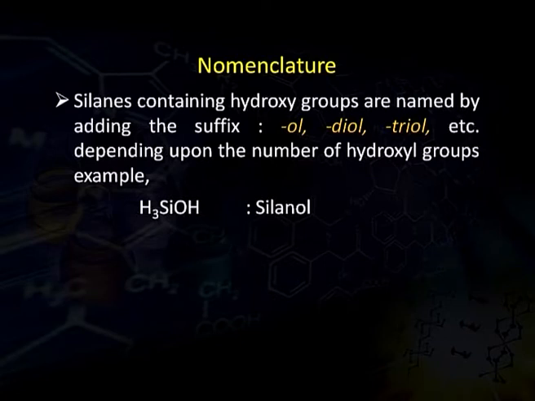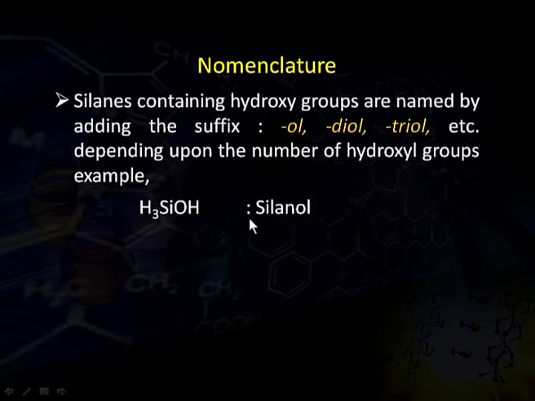The E would be replaced by -ol, the name would be silanol. In this case we have 2 OH. So, the name would be silanediol. So, in place of the last E which was used in silane, it would be replaced by diol. Here we have 3 OH groups. So, the name would be silanetriol.